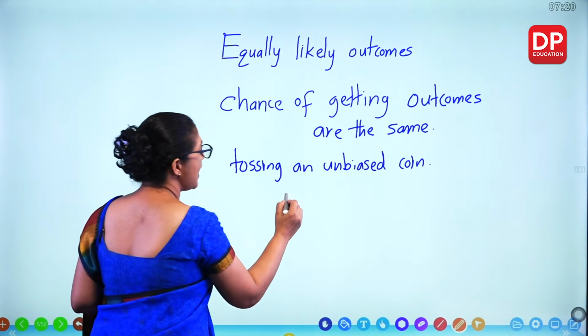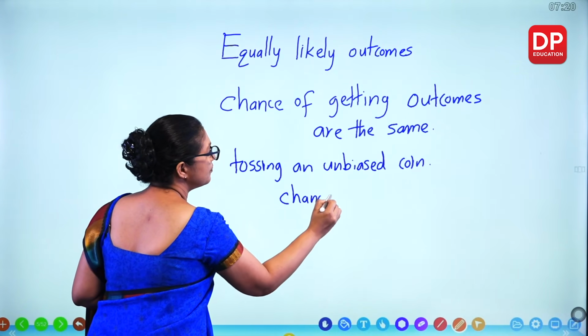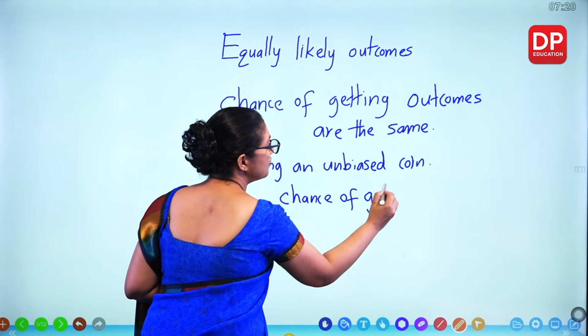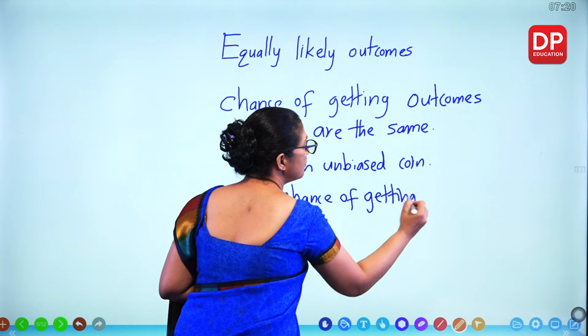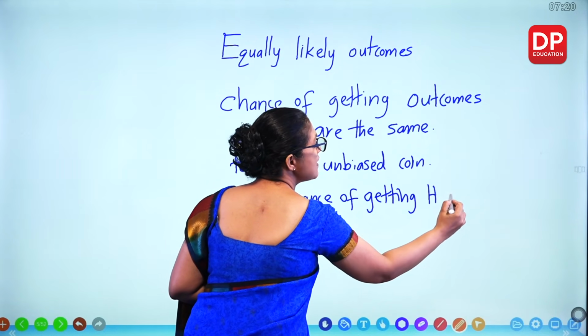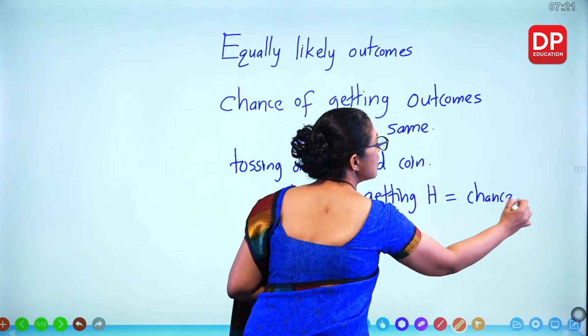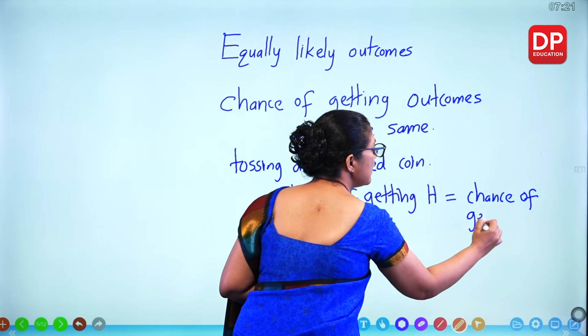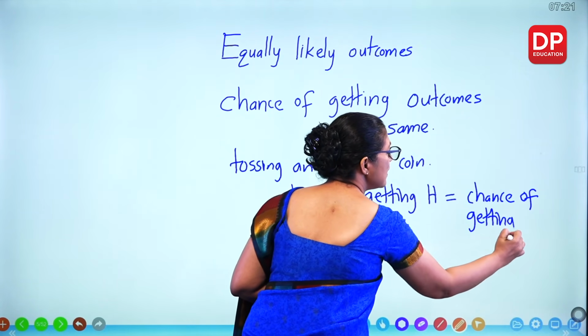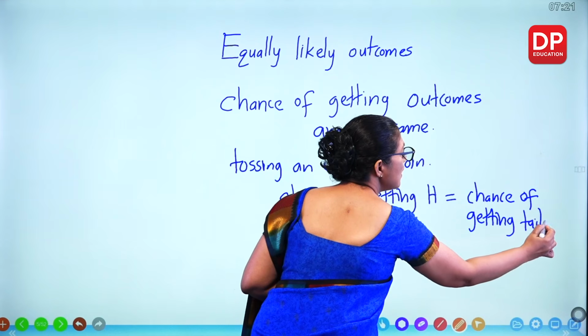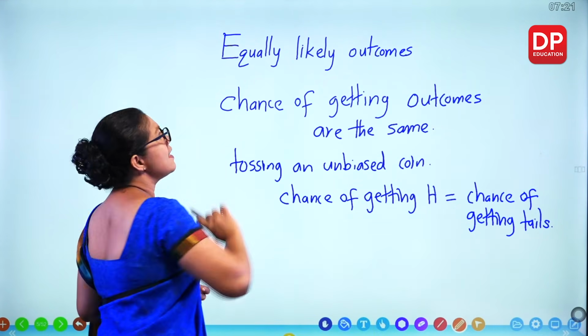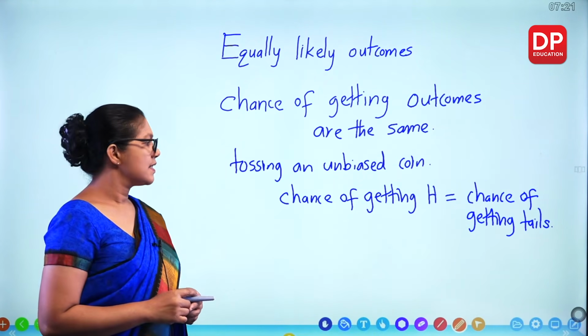Chance of getting head is the same as chance of getting tail. We call this equally likely outcomes.